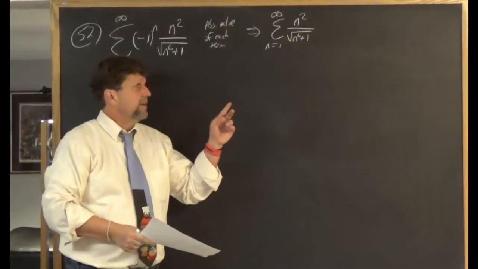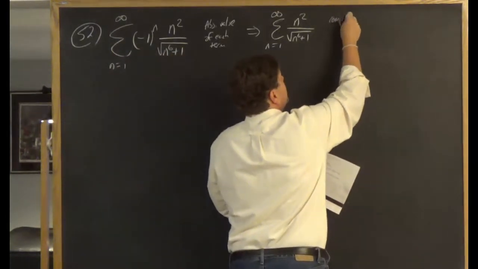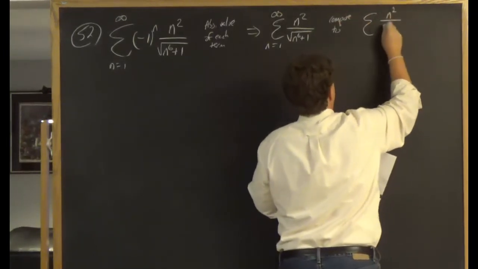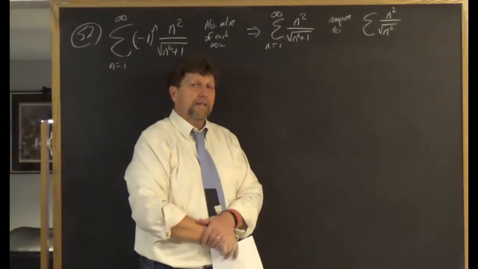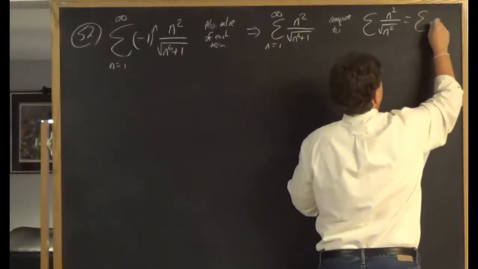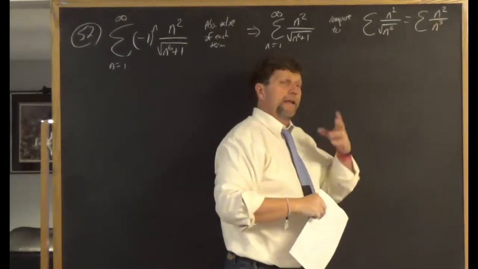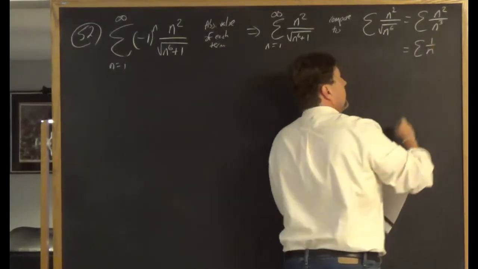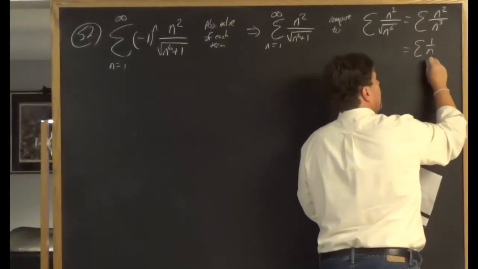When I see that series, I'm thinking maybe I could compare it to the series n squared over the square root of n to the 6th, which the square root of n to the 6th is n cubed, and then n squared over n cubed simplifies to 1 over n, which we know is the harmonic series.